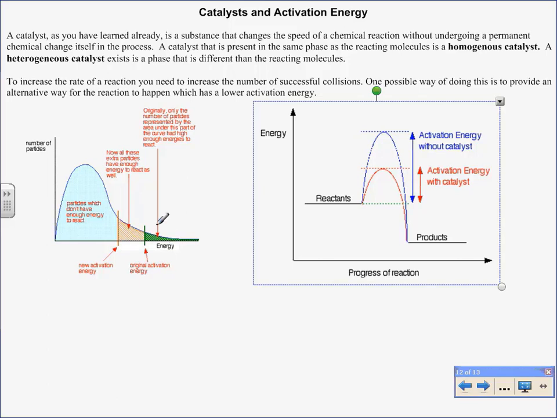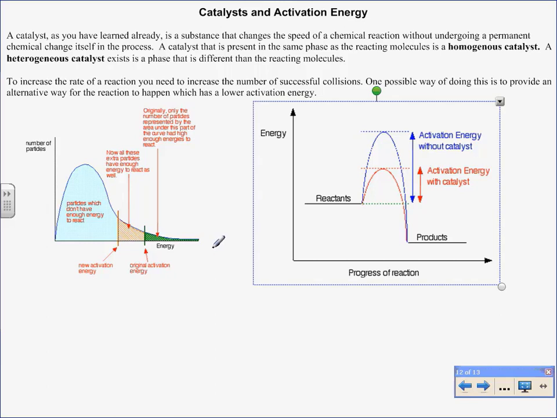By adding a catalyst and providing an alternative pathway, we've got a lower activation energy for the reaction to take. So therefore, all of a sudden, we've got more molecules with enough energy to overcome the activation barrier of the reaction.